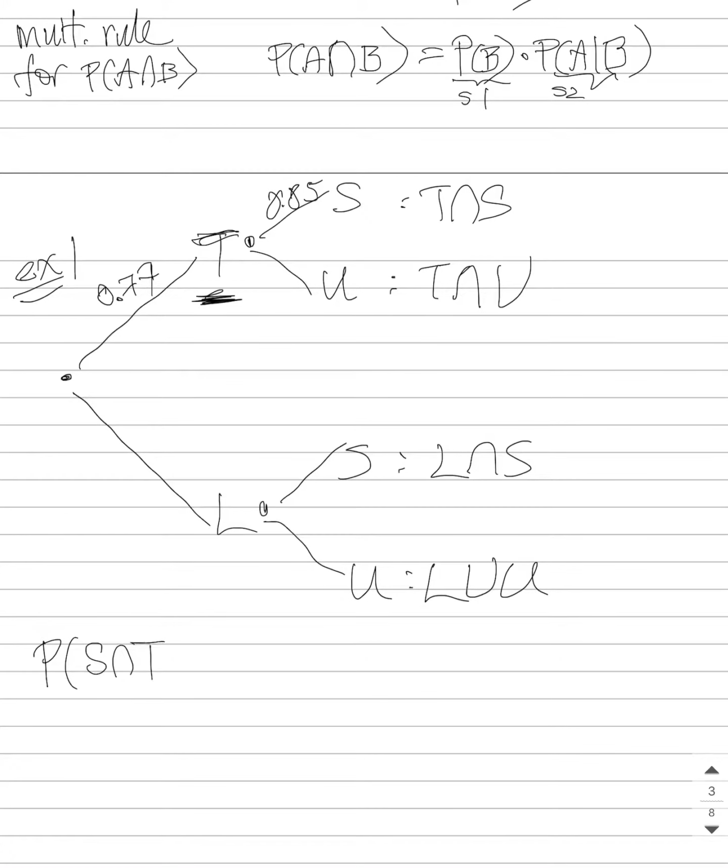What's the probability that a job is done satisfactorily and on time? According to the multiplication rule, this requires us to know, first of all, that the job is done on time, the probability of on time, multiplied by the probability of satisfactory given on time. So it's a 2-stage experiment. It has to be done on time first, then it has to be done well, given that it's on time. The multiplication rule just gives us a quick way to get these results.